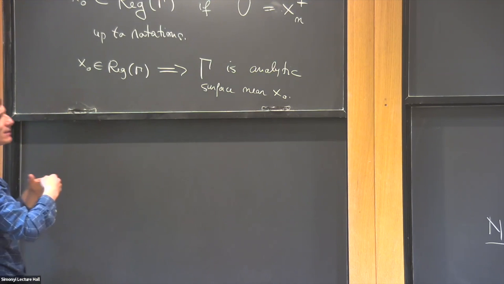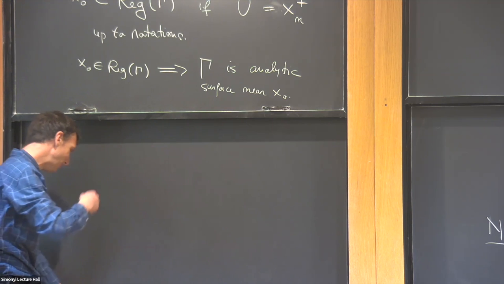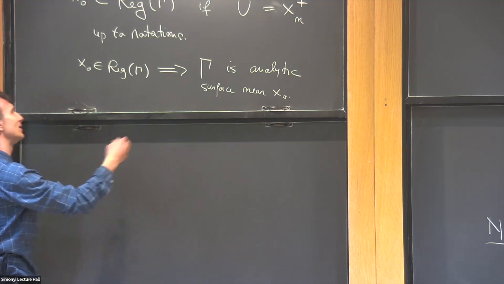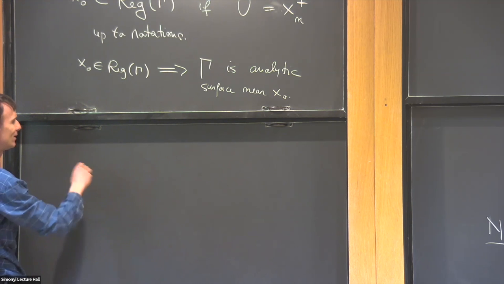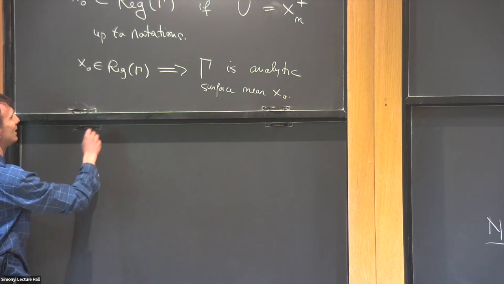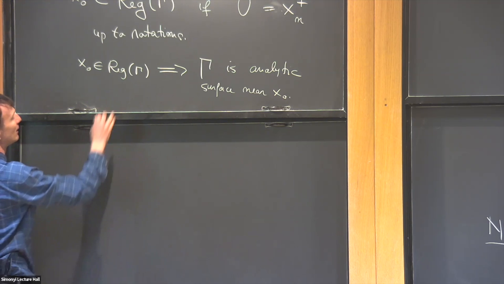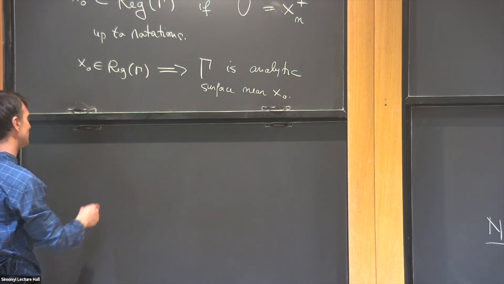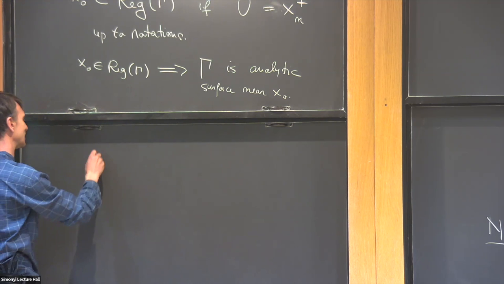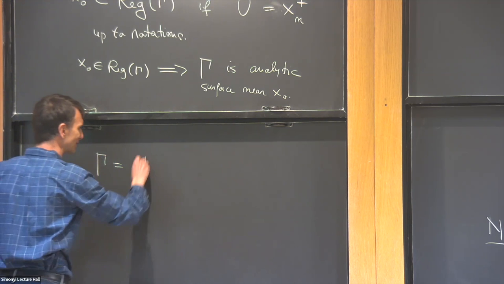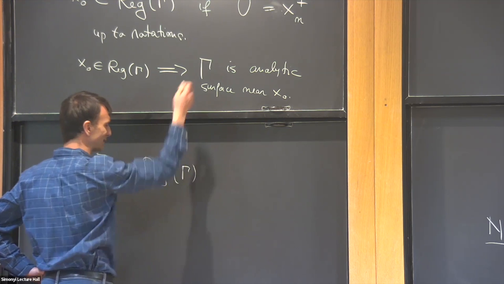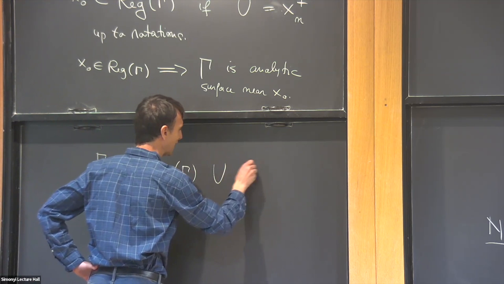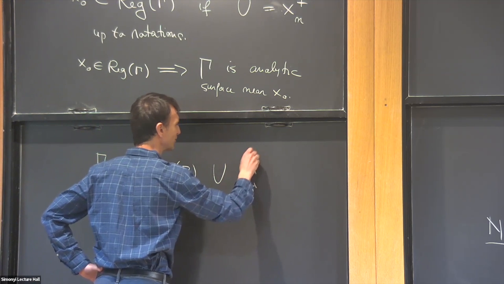But then there is, again, like in the minimal surface theory, Federer's dimension reduction, which says that if there are singular points, then gamma is made of the regular part, which is whatever I described there, and then might have a singular part.